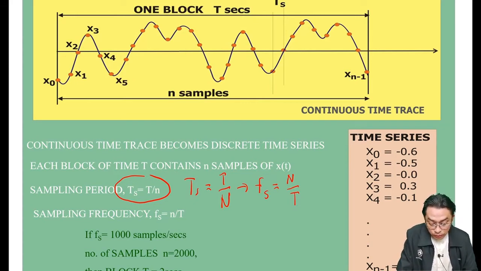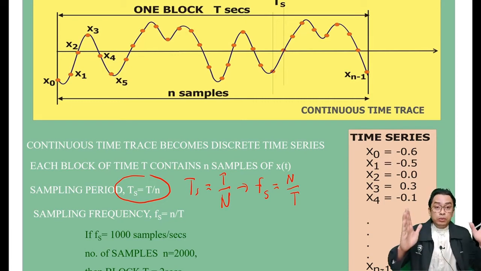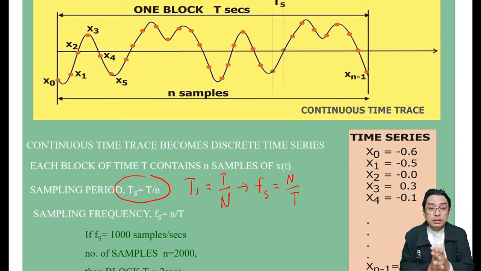So let's say we want to find the duration of the block. We can set the sampling rate. Let's say we have 1,000 samples per second, and we also can set the number of samples that we want, say 2,000 samples.